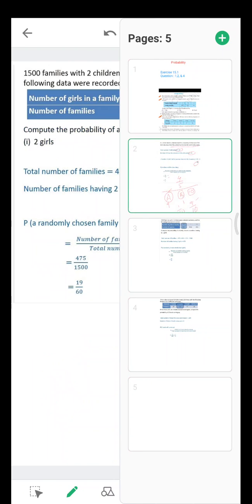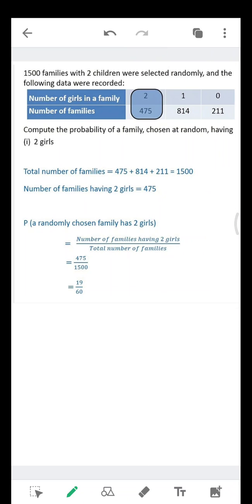Let's have a look at the next question. 1500 families with 2 children were selected. How many families? 1500 families, and each family has 2 kids. Their data is collected, and according to the number of girls in a family, the families are categorized.